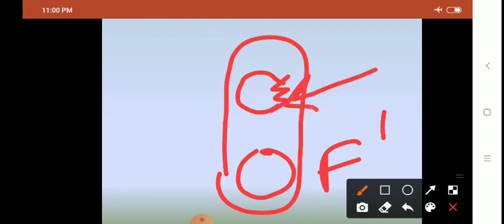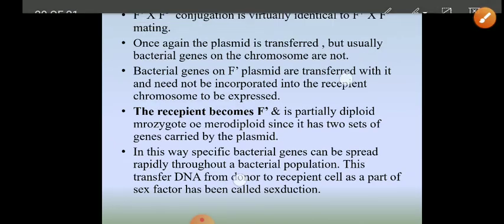Such a cell, having its own DNA plus a few genes from the donor cell, is called a partially diploid merozygote.